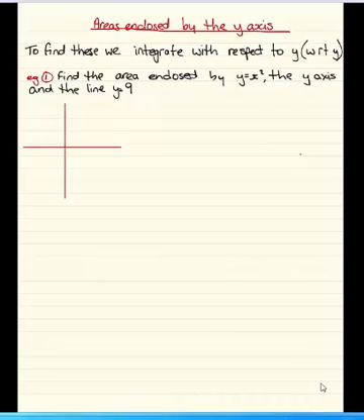So when we're asked to find the area enclosed by these curves, so we've got y is equal to x squared, the y-axis, and the line y is equal to 9. Your first step, just like it would be if we were finding an area to the x-axis, you need to draw it. You need to know what it is you're talking about. Y is equal to x squared is a parabola. We've got the line y is equal to 9.